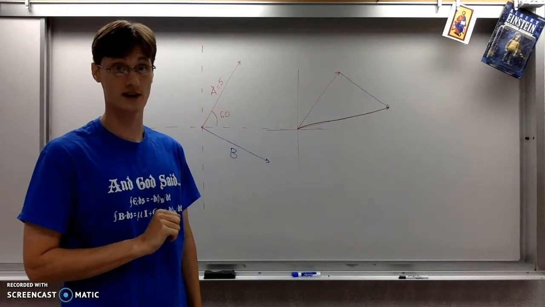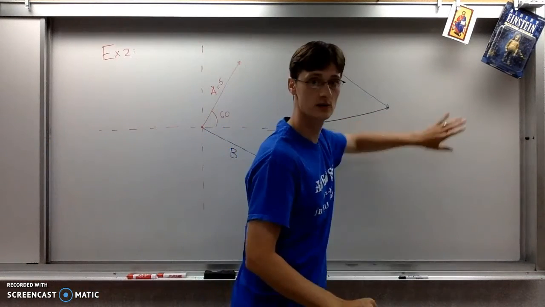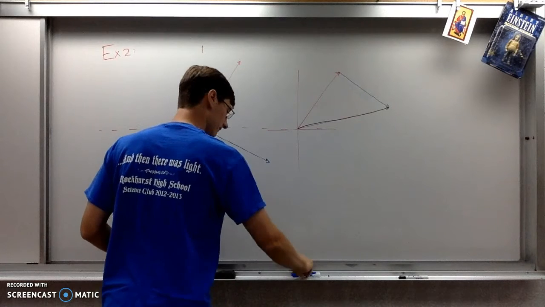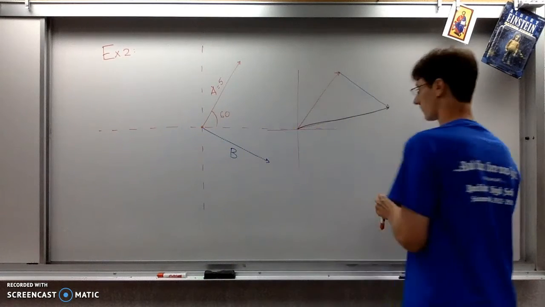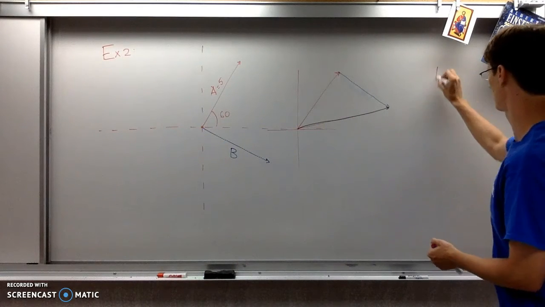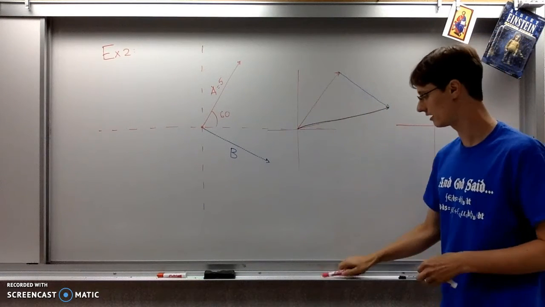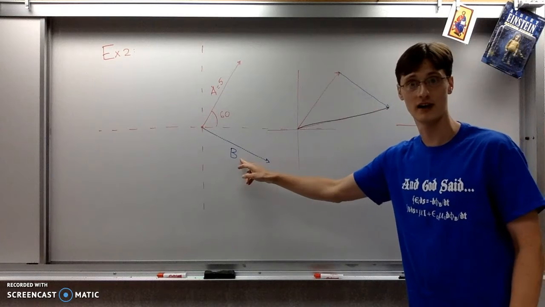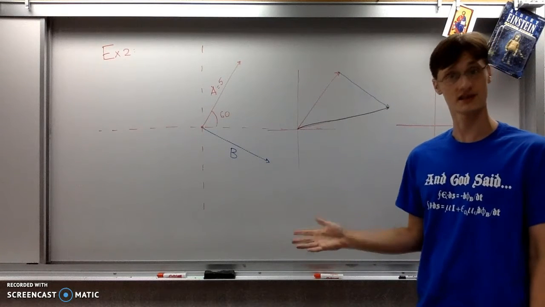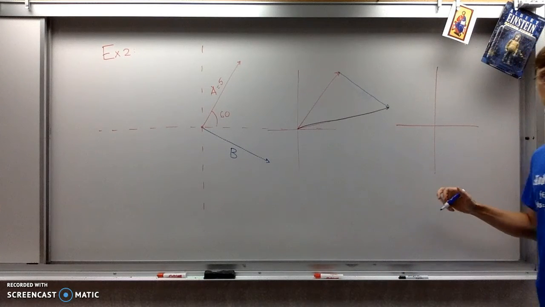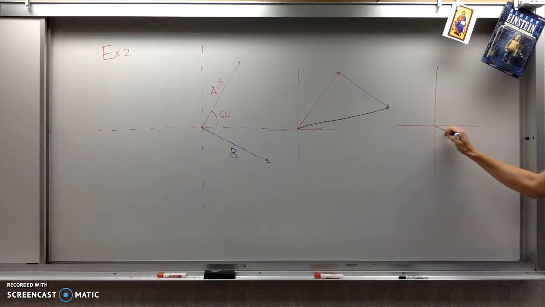Let's suppose we add those vectors in a different order. This can now be on your third blank graph. Let's suppose that we follow vector B first, which is 5 miles at 30 degrees south of east. Here goes. 30 degrees south of east.